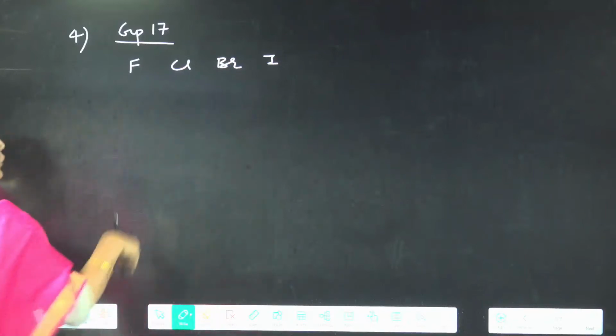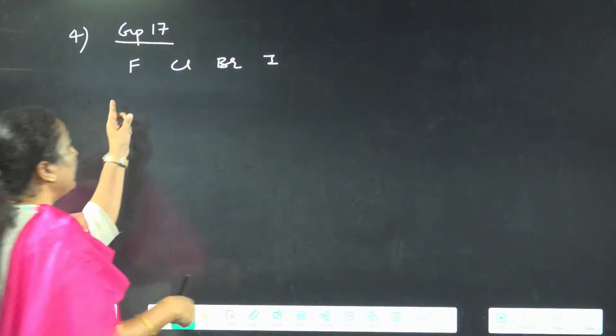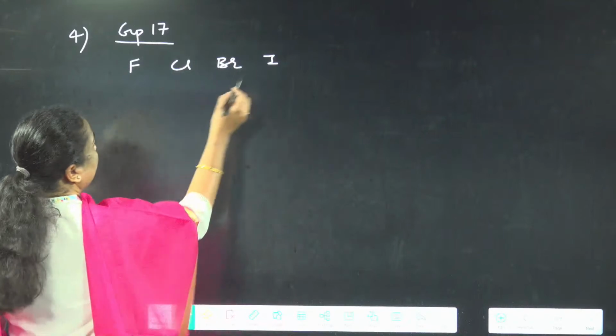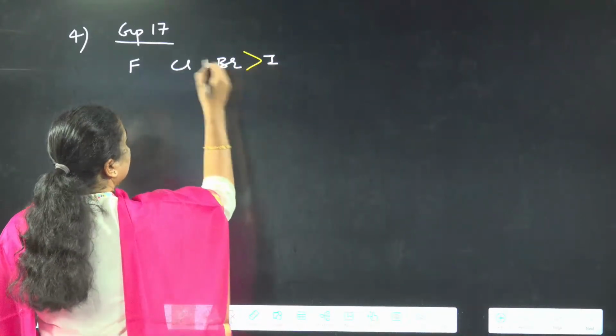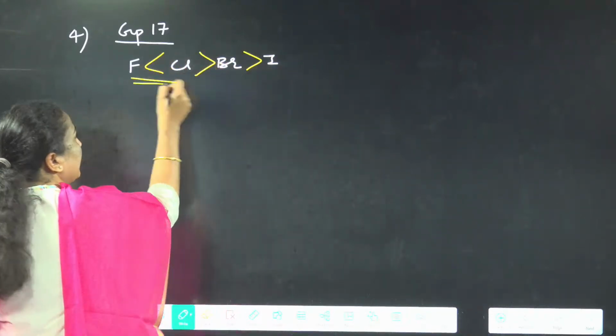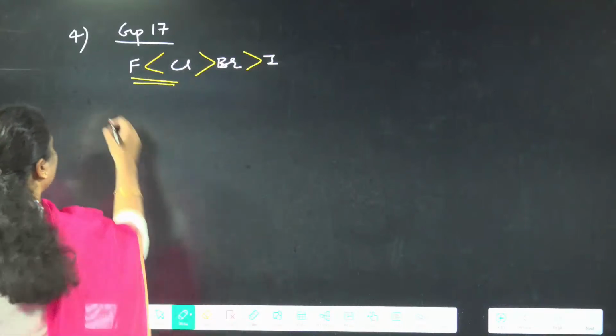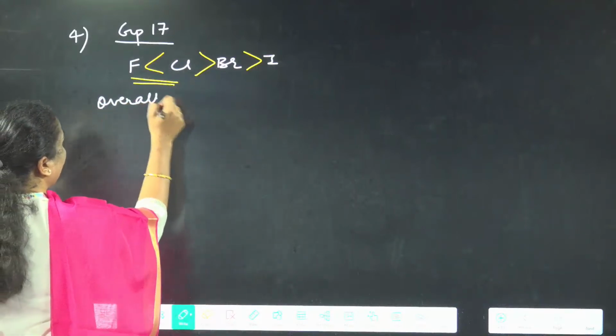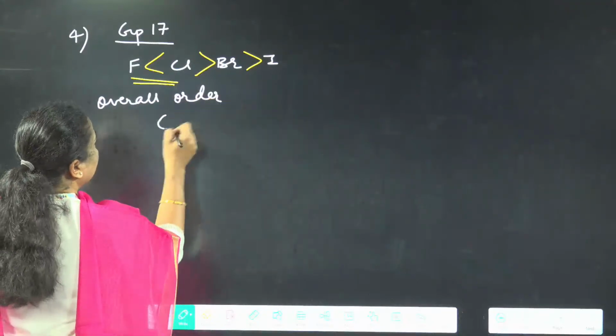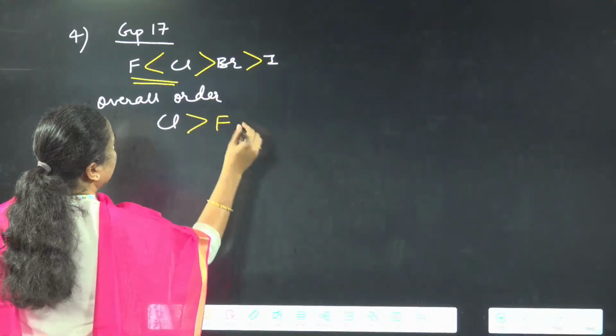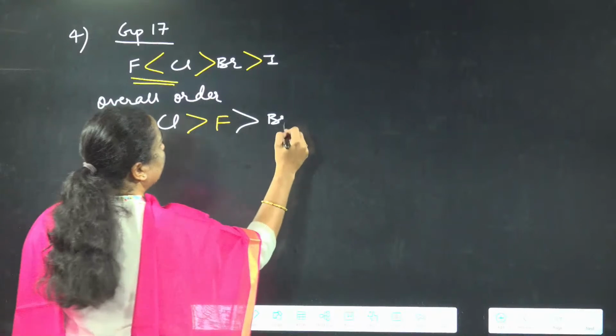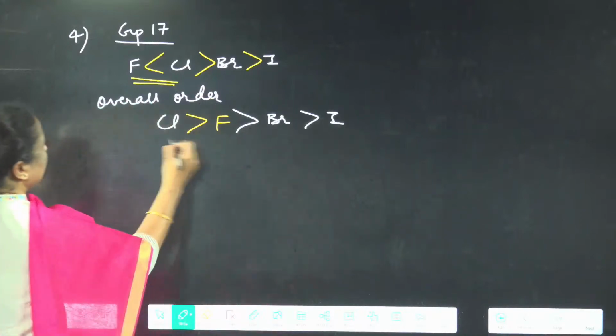Normally we expect that going down the group the electron affinity should decrease, which happens, but in the case of fluorine and chlorine, chlorine is higher. So the overall order is chlorine is greater than fluorine, and then bromine and iodine. Do remember this: chlorine, fluorine.